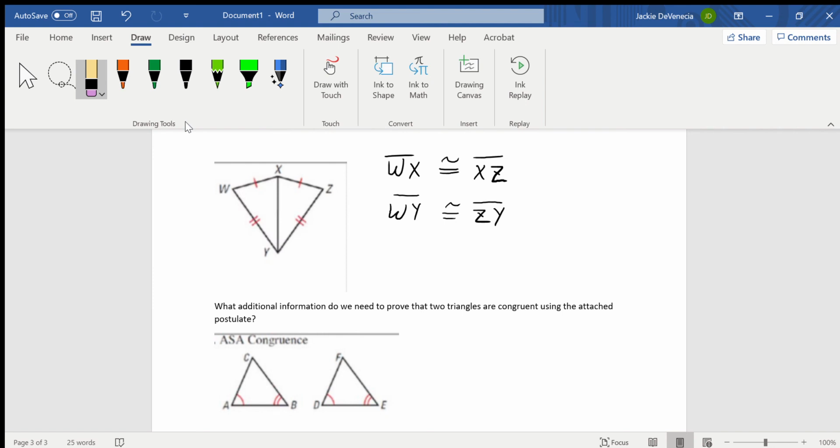They're both sharing this common side, right? This XY. If we were to cut them apart, so let's say we have over here, this is WXY, and then this is YXZ, right?